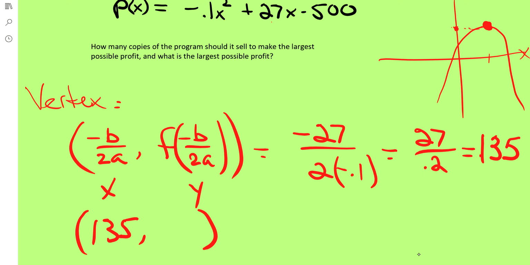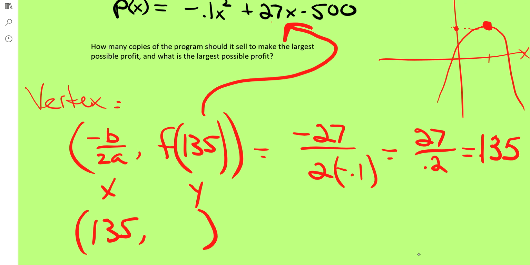I'm just putting in my ordered pair here. Now I've got to plug in f of 135 into that same equation. I've got the value of x, which is 135. Now this becomes f of 135, and that's going to be plugged into this equation here.